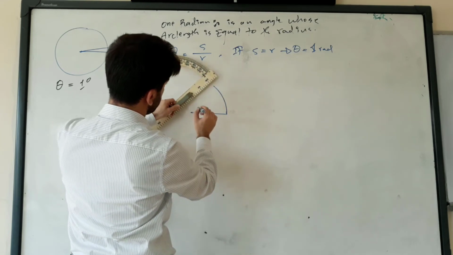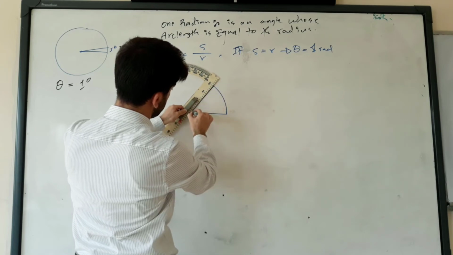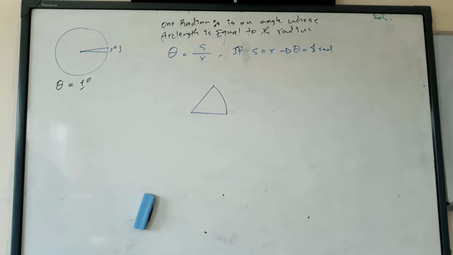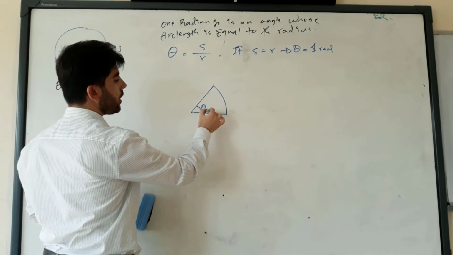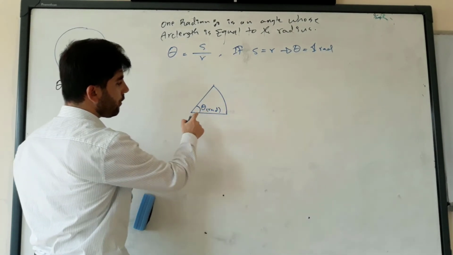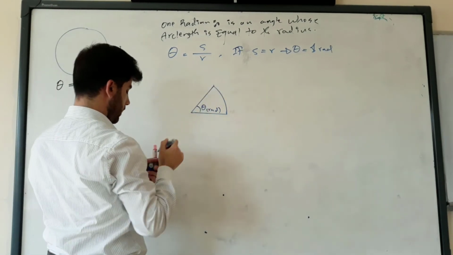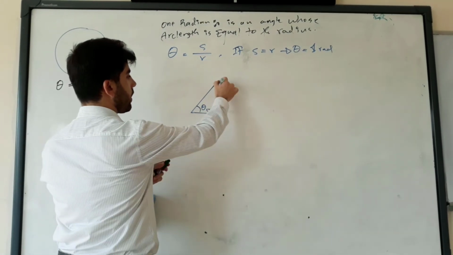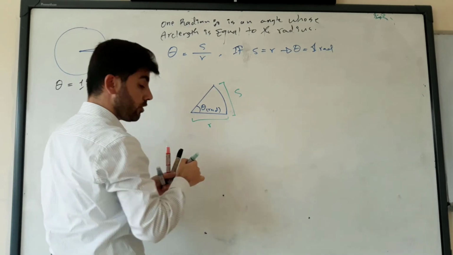This is a portion of the circle, okay? And I am going to measure this angle in radian. If this angle is equal to 1 radian, this arc length must be equal to the radius. Let's check it, guys.